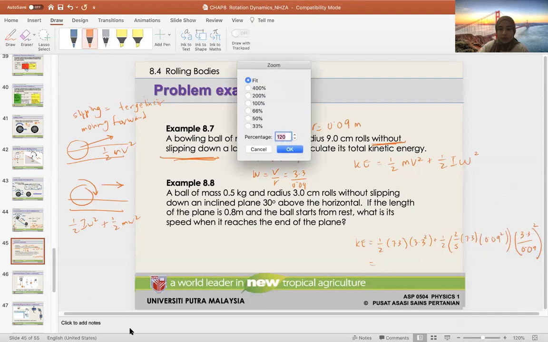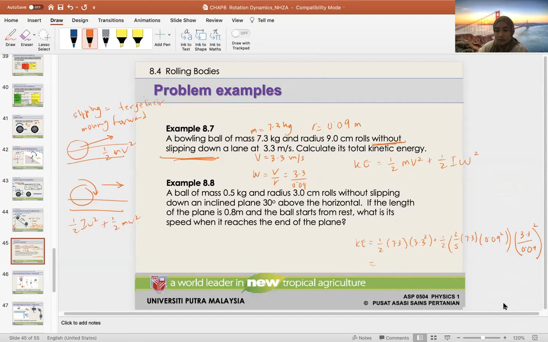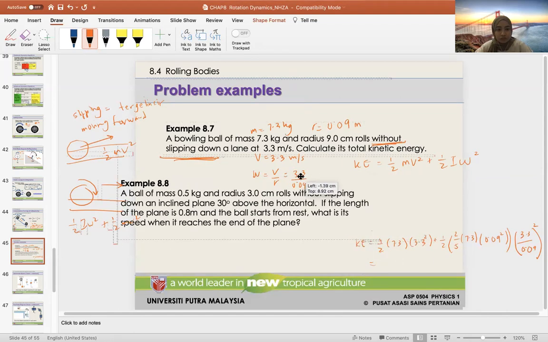Can someone calculate this for me while I clean this up for the next question? 23.85. Okay, thank you, Akil. 22.85.